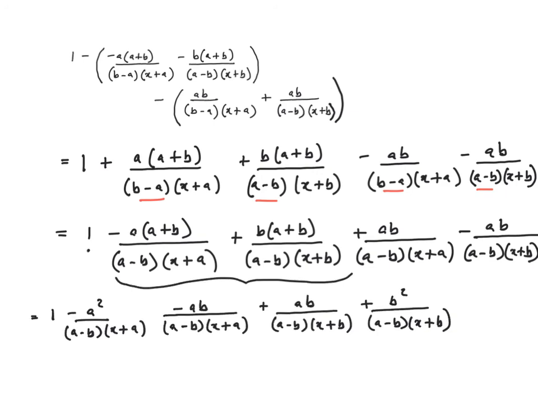I hope you can see that this term here cancels out with this term, and this term here cancels out with this term. So these two cancel, and these two cancel. And that's why we get the answer that we do.